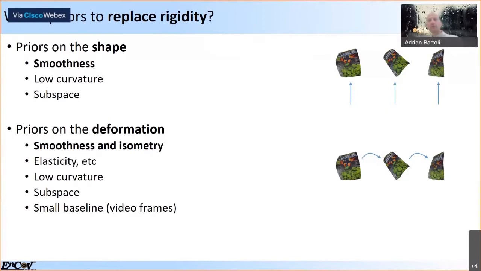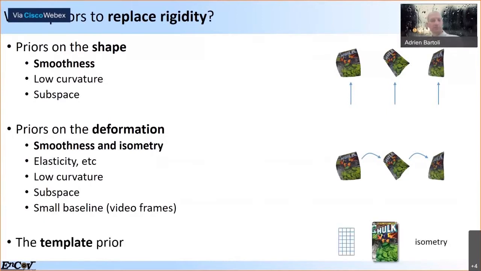If they're neighbors, they'll move together in space through time. And finally, there is a very important prior that we cannot always exploit, but sometimes we can. You'll see that in the medical application that I'll discuss, we can exploit this template prior. This prior tells us that we can have access to a model of the object in some reference configuration.